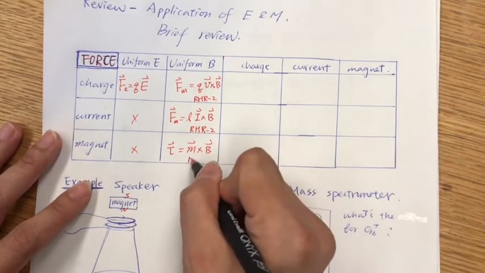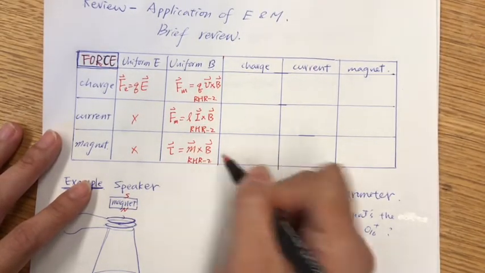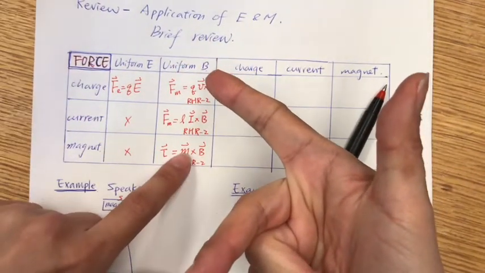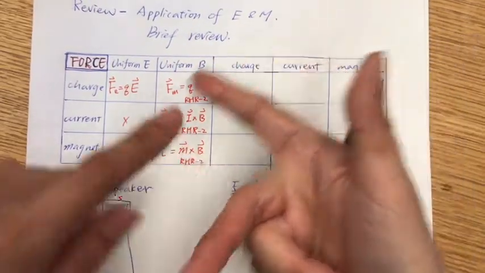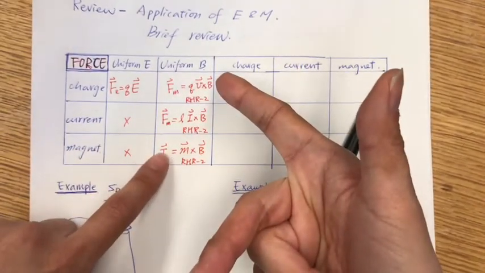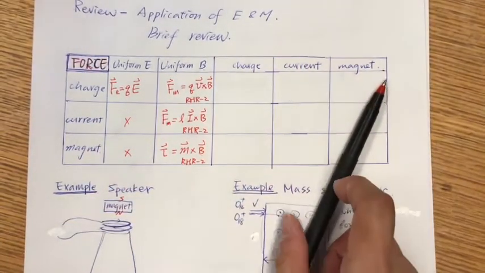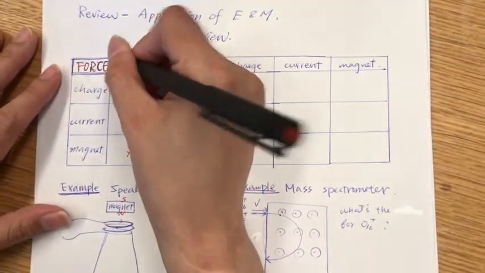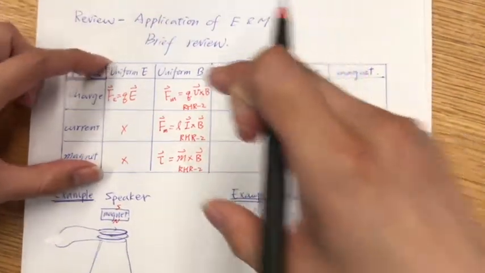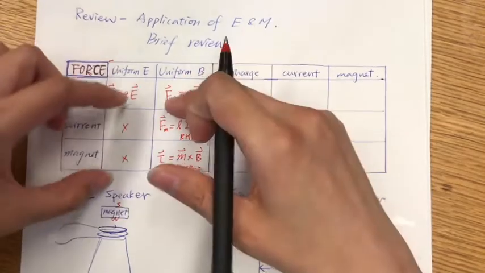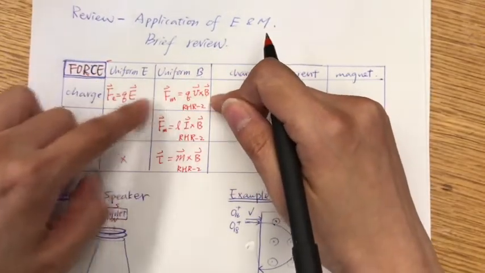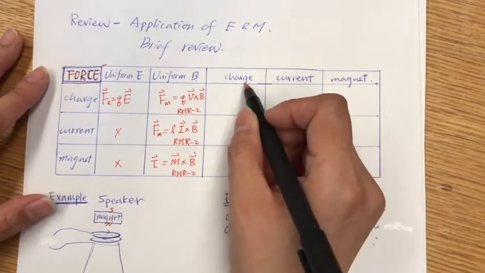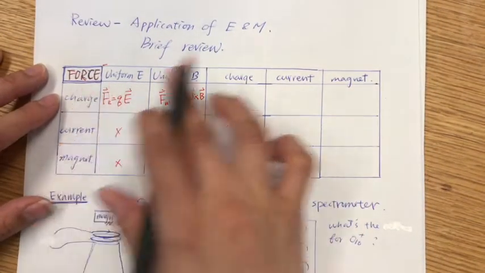Again, you can use right-hand rule 2 for that. So first vector, which is M, second vector, that's B, thumb is the torque, that resulting vector. All right. So now this is really the core idea, all the equations that you learned about, the relation between the field and the force.